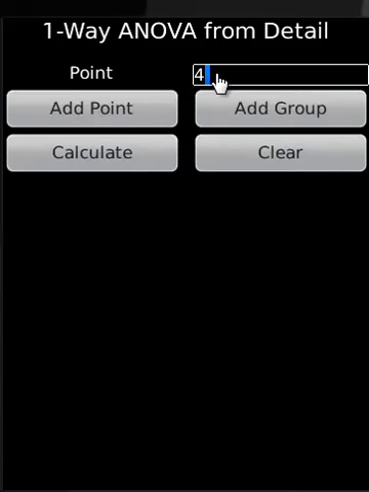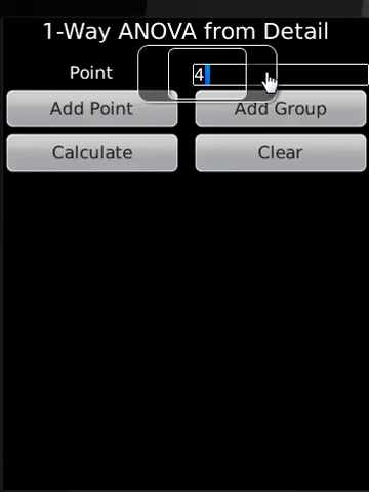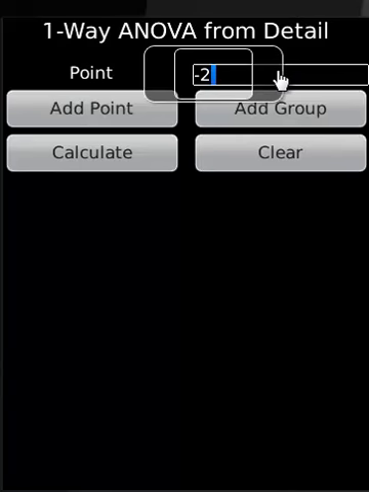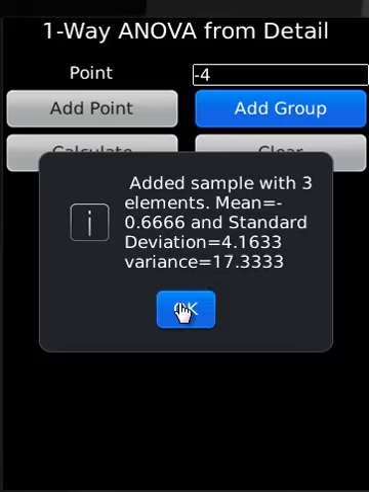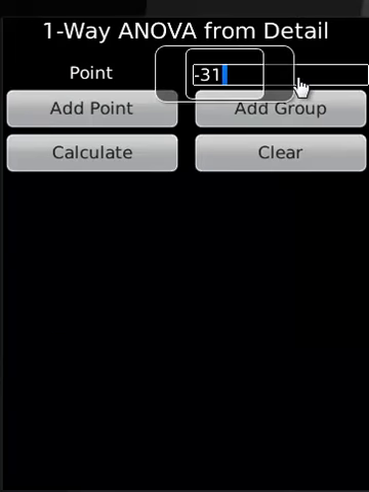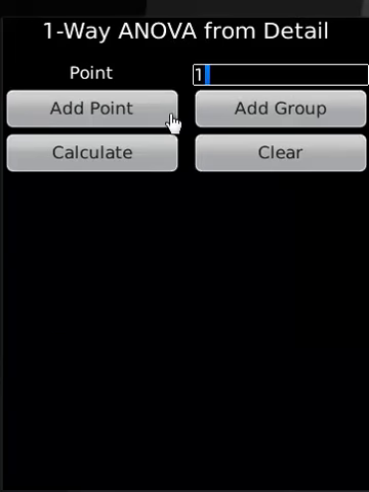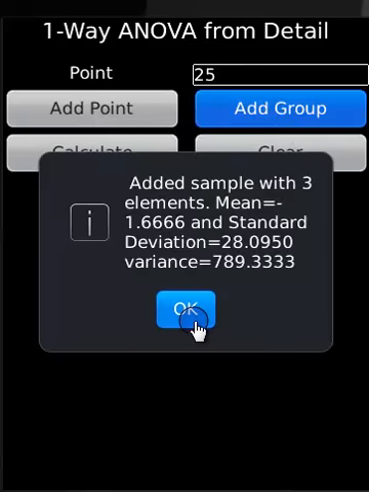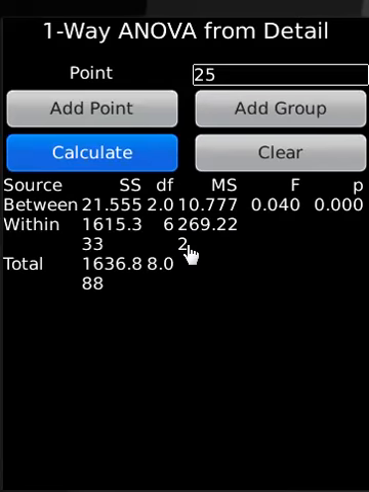So now 4, minus 2, okay, we added the second group, now add the third group. The third group we added, and now we calculated the values.